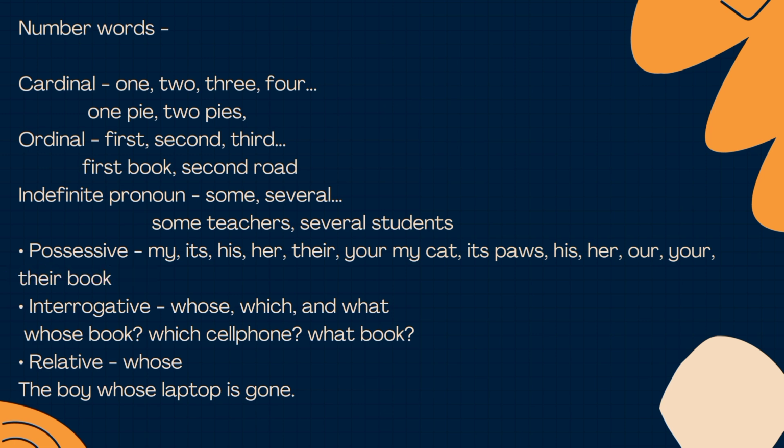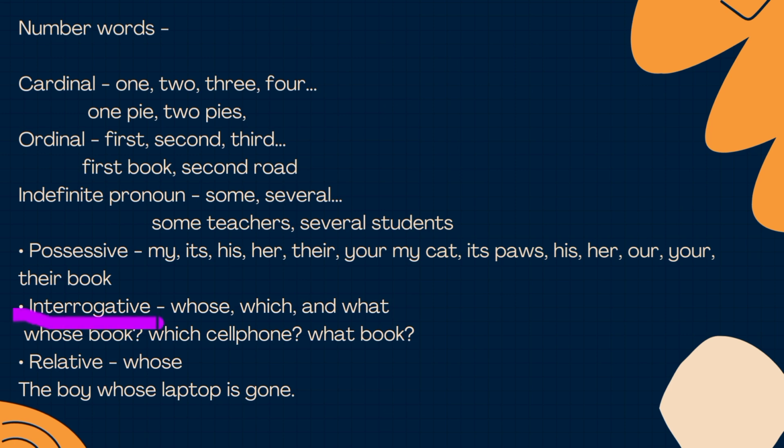These show ownership or possession. My, its, his, her, their, your. Example: my cat, its paws, his, her, our, your, their book. These tell us who or what something belongs to.